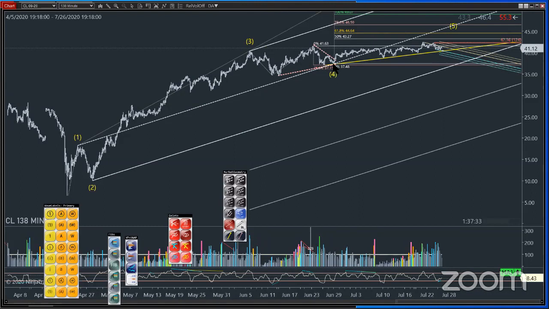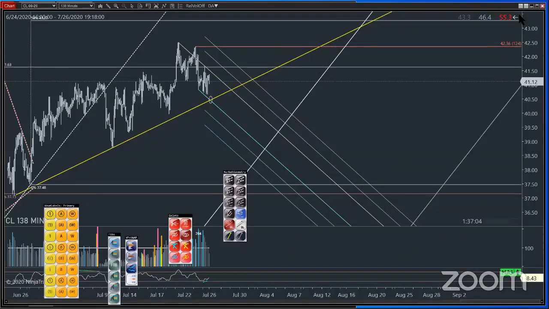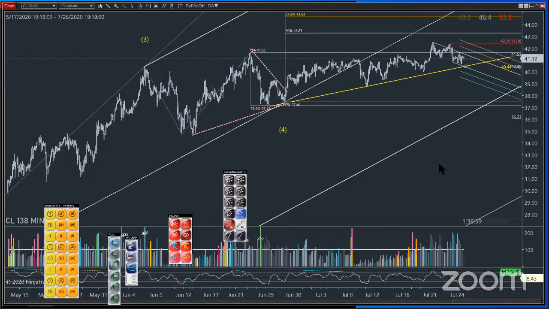And there it is right there. So we've turned up from that, broken back inside of it. A lot of times when you do that, you'll make it back to the lower. So if we do end up breaking that trend line at 40, 44, then I would expect to see it come on down to the bottom of that lower median line.